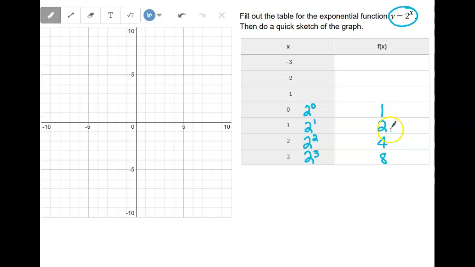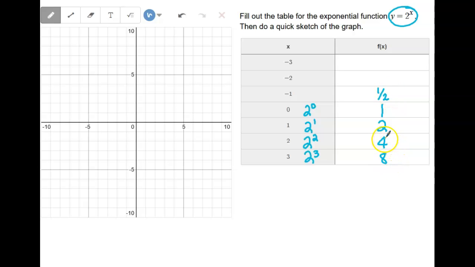So if we're going this way and we're multiplying, what's happening when we go this way? So 8 divided by 2 is 4, 4 divided by 2 is 2, 2 divided by 2 is 1, 1 divided by 2, well, that's a fraction. 1 divided by 2. Okay? You can also think about this as multiplying by a half.